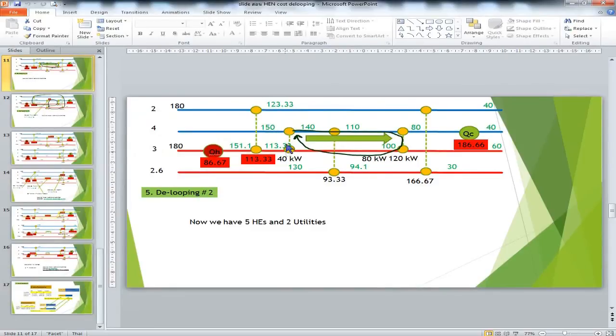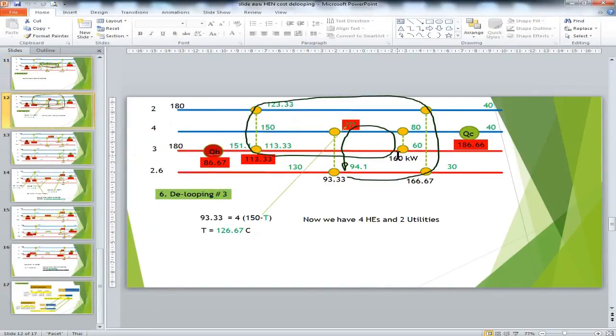When I move this unit to this one, of course, the heat load will be the summation of 40 kilowatt with the 120 kilowatt here. So it becomes 160 kilowatt here.